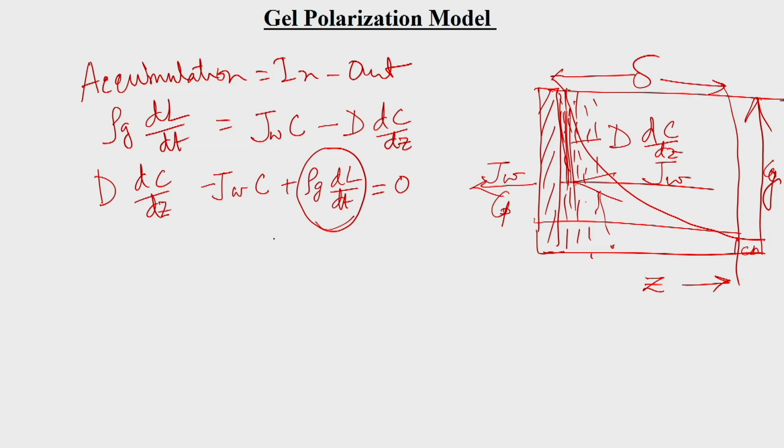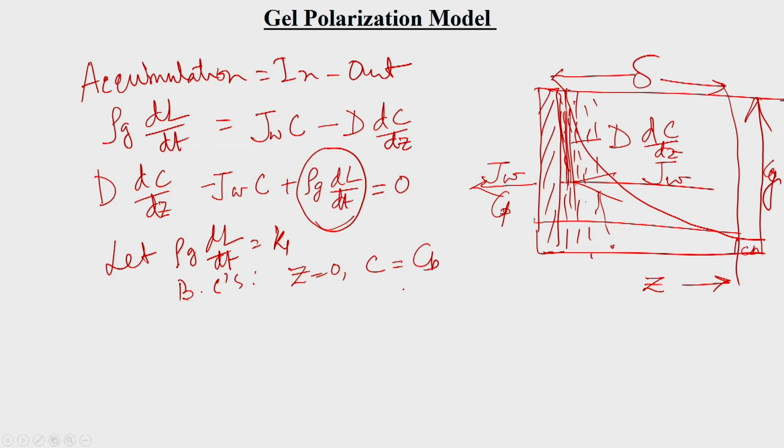So, we can keep this as a constant; let rho g into dl/dt be equal to, say, k1. Then the boundary conditions will be like this: when z is equal to 0, C will be Cb, and when z is equal to delta, C will be Cg. Okay.